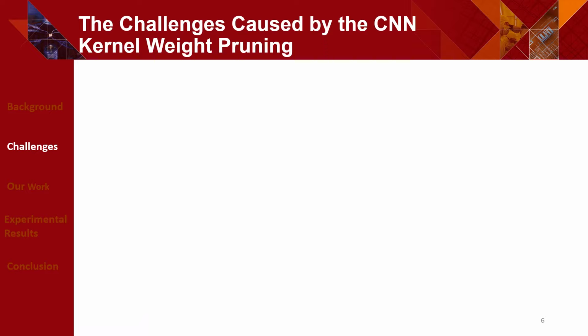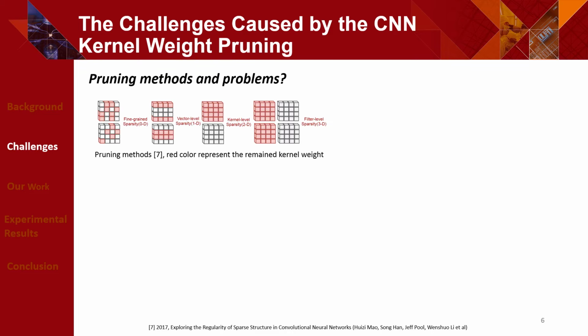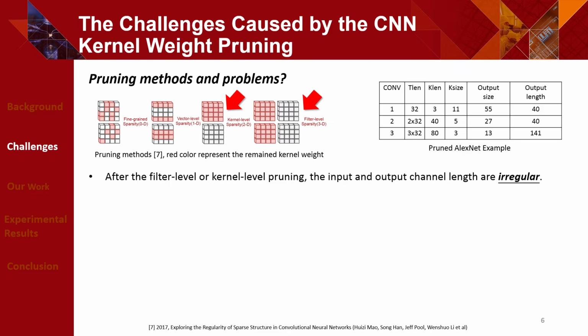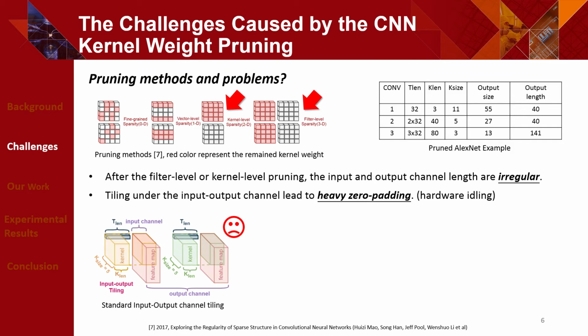Afterward, we also need to understand the challenge of the neural network when it is pruned. In general, there are different pruning methods, and today we would just like to focus on the kernel level and filter level, where after pruning, the input and output channel no longer have a regular length. For example, for the AlexNet first convolution layer, the length before pruning is 96, so if you tile along the input output channel length, you can use 32, which does not require any zero padding.